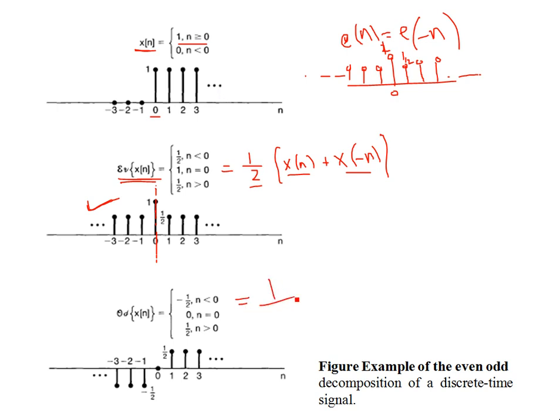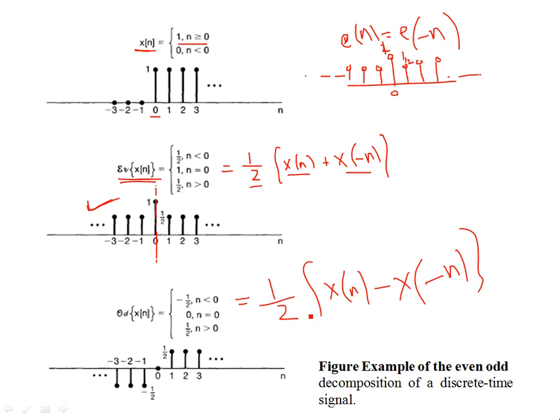Since you're extracting the odd part, you can have this as x of n minus x of minus n, because for an odd signal, x of minus n is equal to minus x of n. So these two quantities are equal, and this becomes twice x of n, and this 2 cancels with the half.